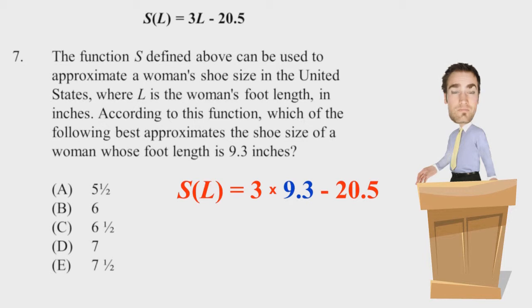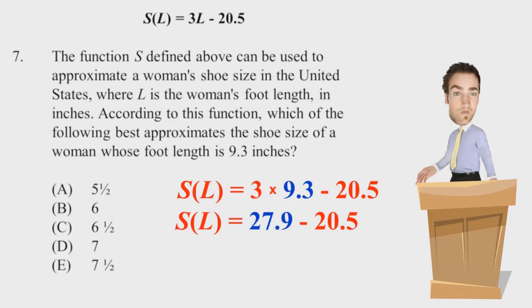Now, that turns from S of L equals 3 times 9.3 minus 20.5 to S of L equals 27.9 minus 20.5, and that clearly just changes into S of L equals 7.4. Now, a small issue at this point. 7.4 is not listed there, but if you notice, they use the word approximate.